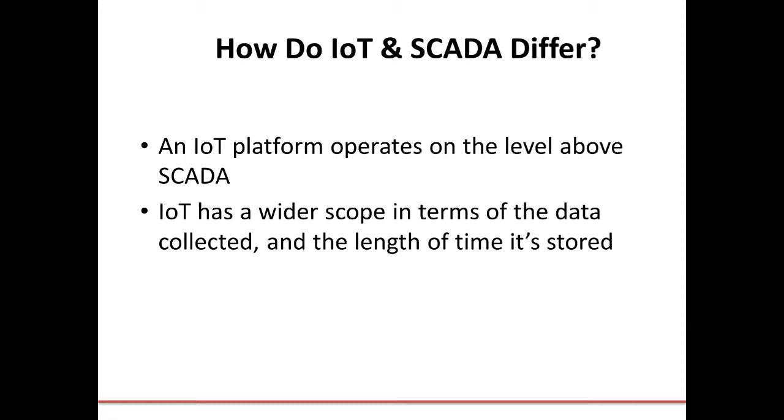So you should think of an IIoT platform as operating on the layer above SCADA. IIoT is less concerned with the control of industrial processes and more concerned with integrating a wide array of sensors and equipment, collecting their data, and presenting that data in a human-readable manner that can then be accessed from a server.